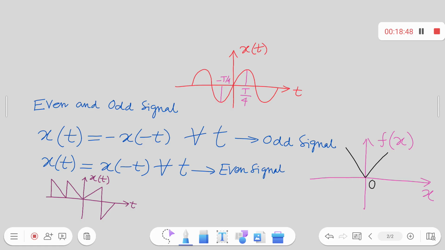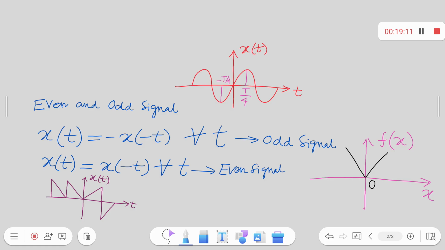Now you tell me, is it an odd signal or even signal? Neither. Over a particular period, you may think that okay, it is an even signal, but it's not the case always.